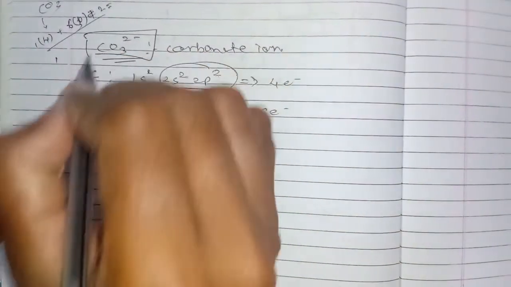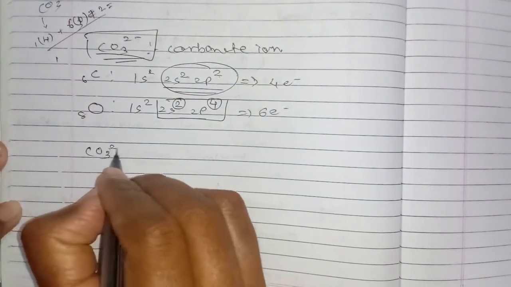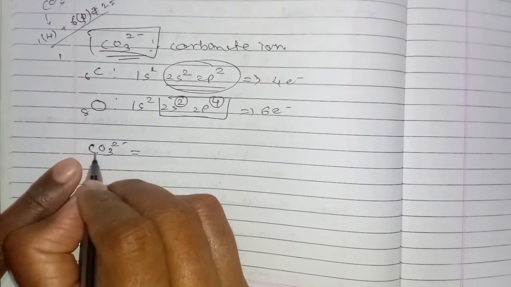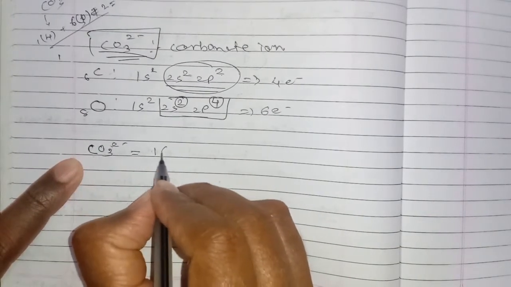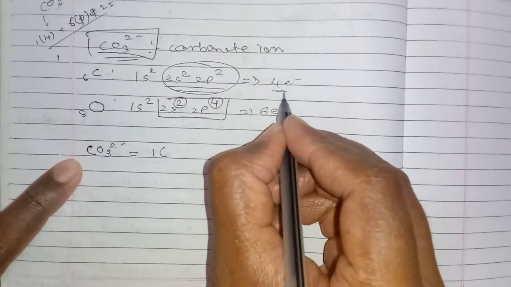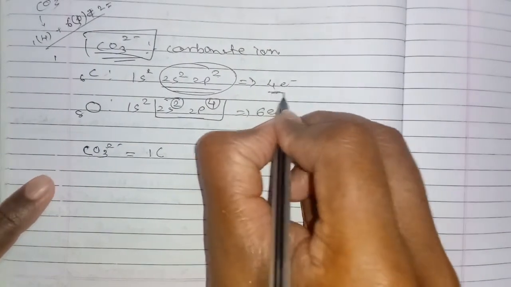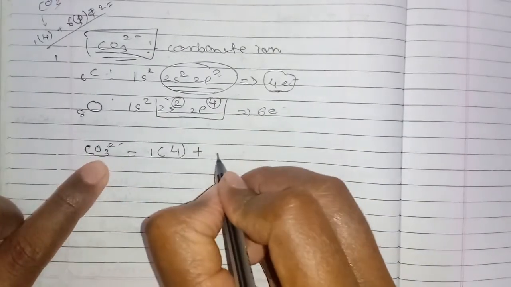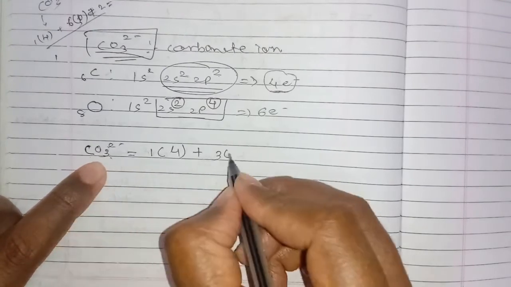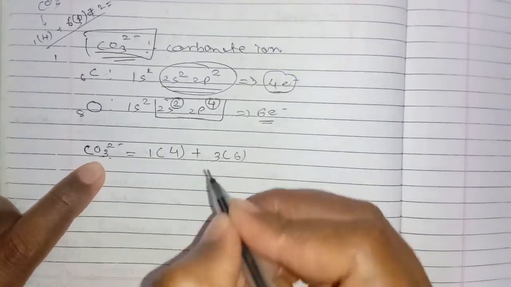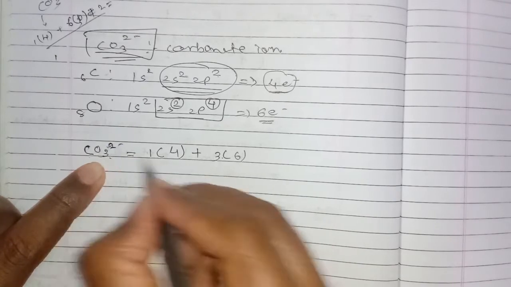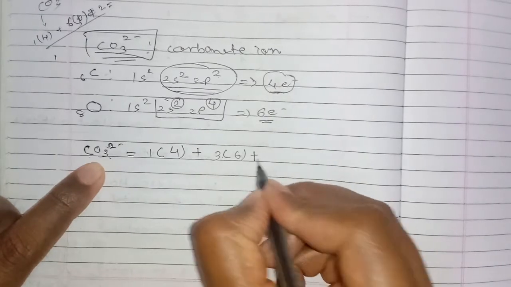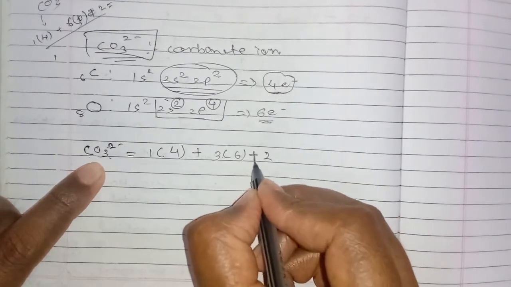Now the total number of electrons: for carbon there is only 1 atom and the number of valence electrons is 4, plus 3 atoms of oxygen, each with 6 electrons. The 2 minus means it gains 2 electrons, so we need to add 2.